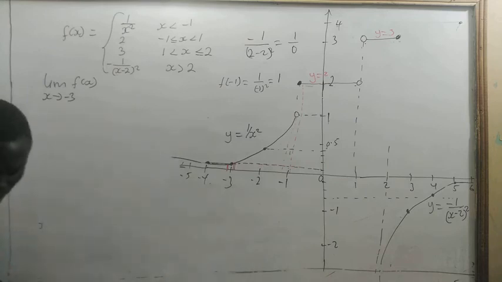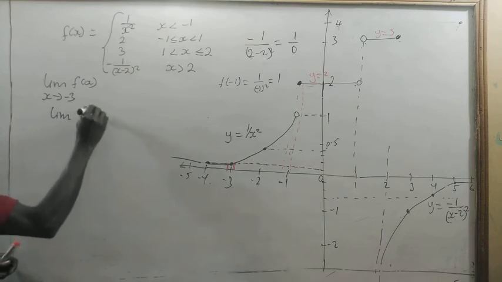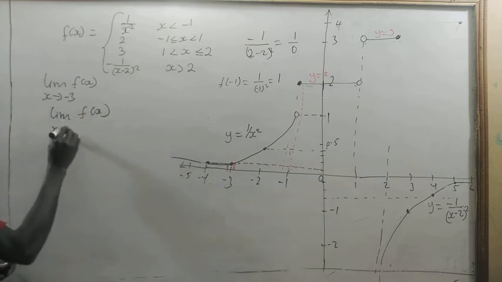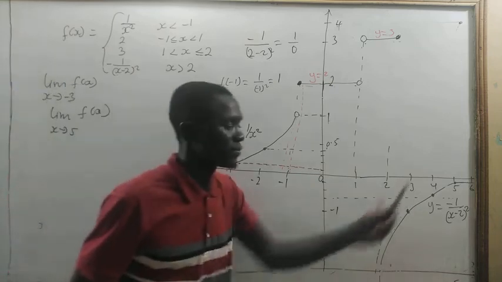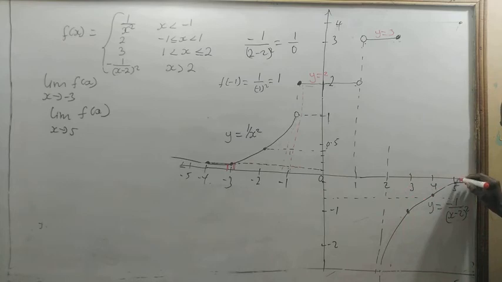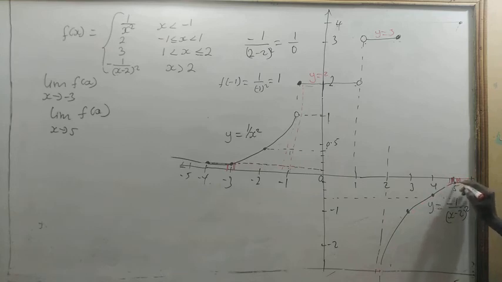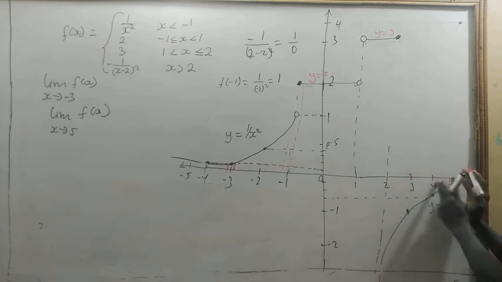The next one is the limit of f of x as x approaches positive 5. Now let's go to positive 5. As x approaches this from the right, it is getting to this dot. From the left too, it's getting to this dot. And it is the same function that is used to define the right hand side limit and the left hand side limit.